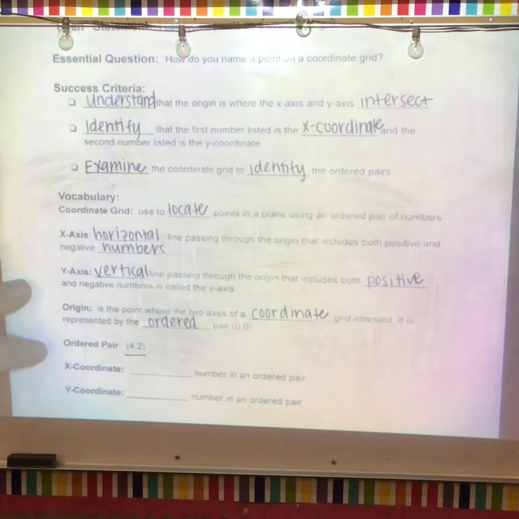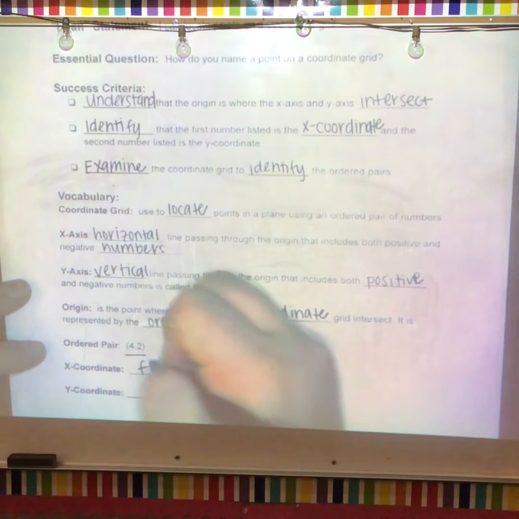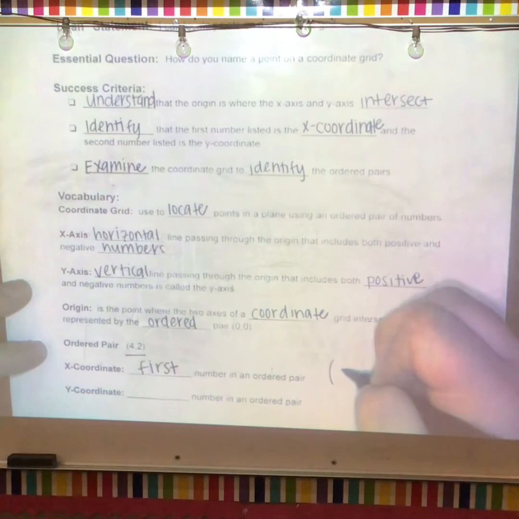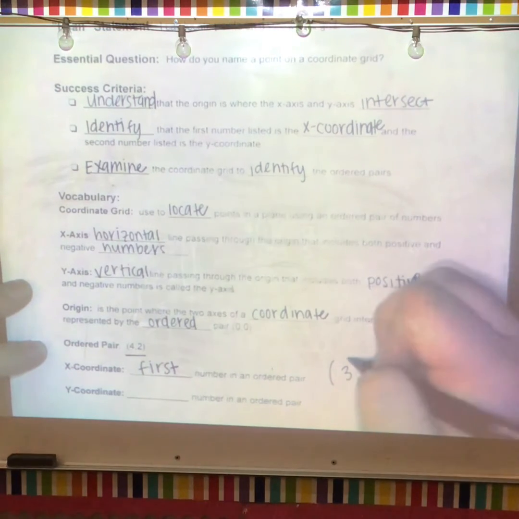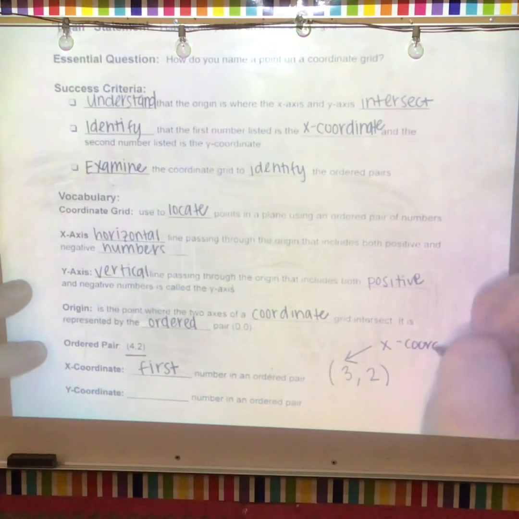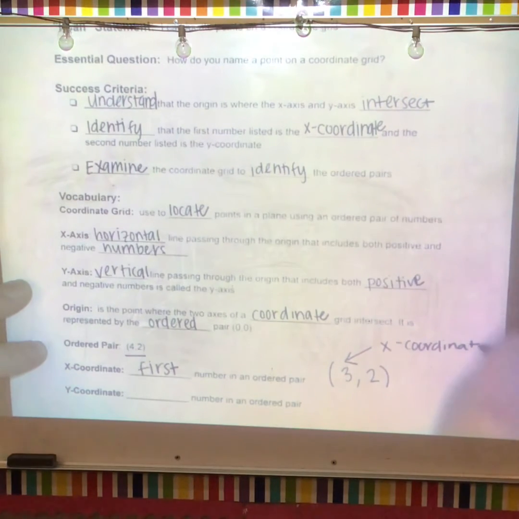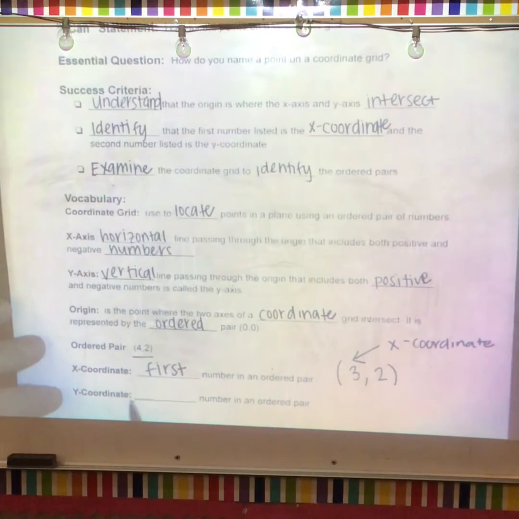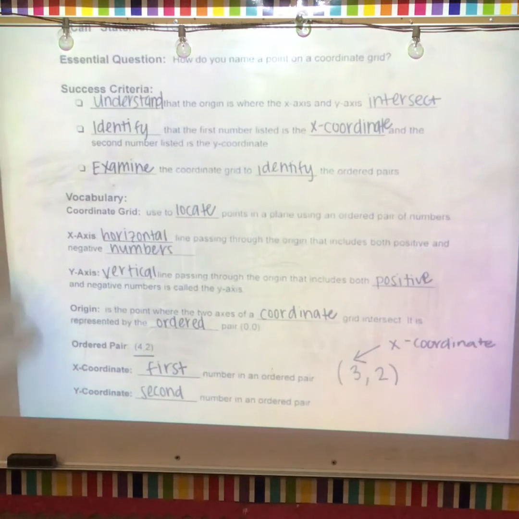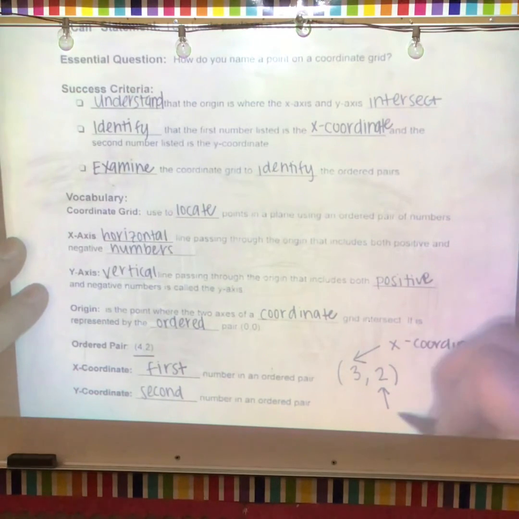The x-coordinate is the first number in the ordered pair. So if I have 3 and 2, you know that this goes onto the x-coordinate. The y-coordinate is the second number in the ordered pair. So you know that this 2 would go to the y-coordinate.